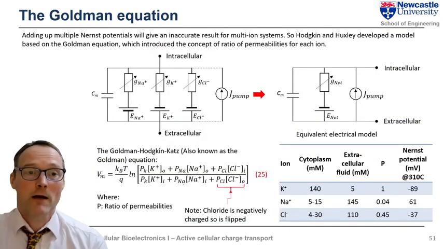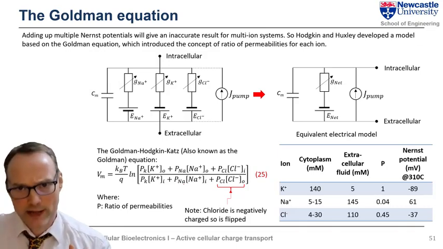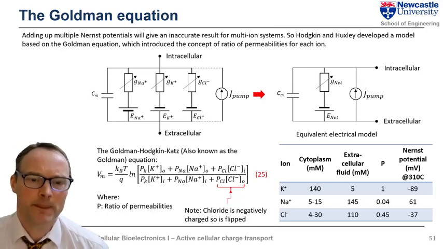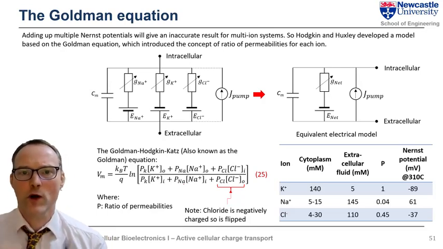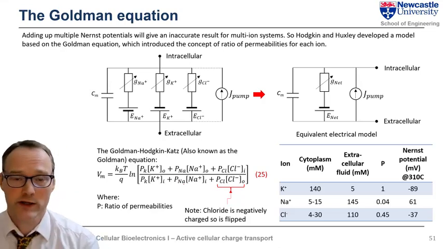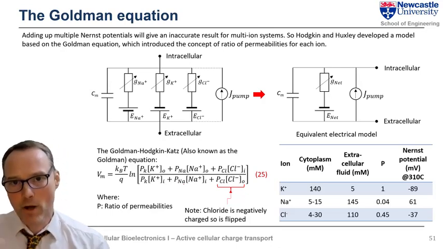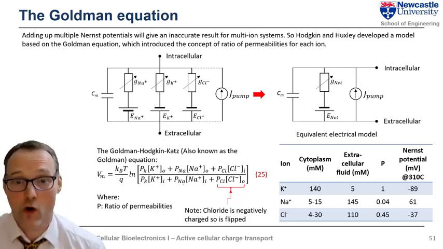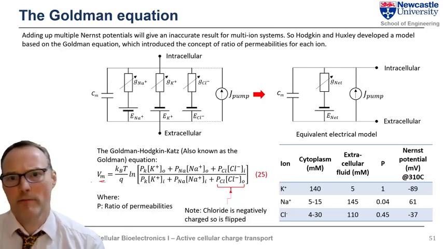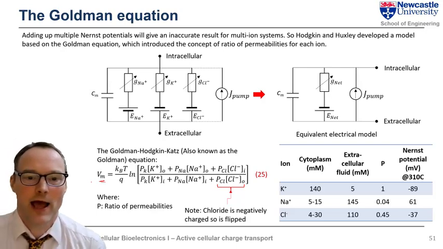So, before we go towards summing up and towards the next lecture, let me introduce the Goldman equation. The Nernst equation was for a single ion type, so potassium, chlorine, sodium. The Goldman equation does it for multiple ions to get the overall voltage across the membrane, rather than the potential for just that particular ion.